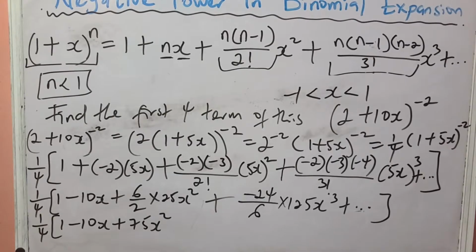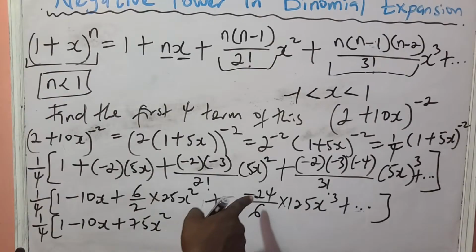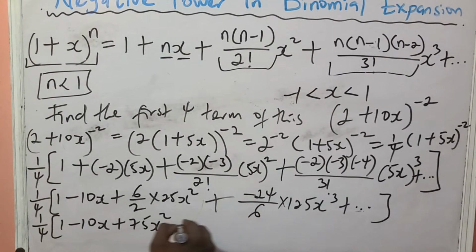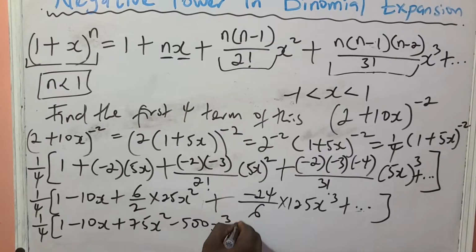And this one we have here, 6 going into minus 24 will be minus 4. Minus 4 times 125, if you have 4 times 125, that will be 500. So that will be minus 500x cubed. All right.